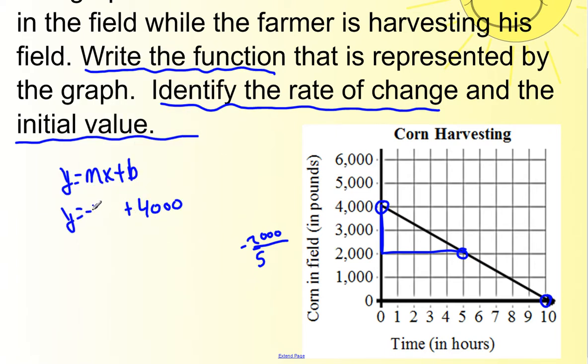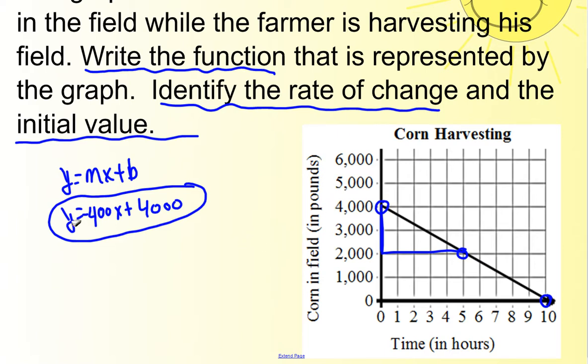So our slope is negative 400, and the function is y equals negative 400x plus 4,000. Now we have the function represented as an equation. Write the function. Check. There is our function of how fast this farmer is harvesting his corn.